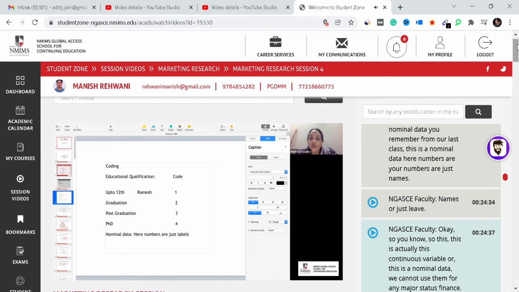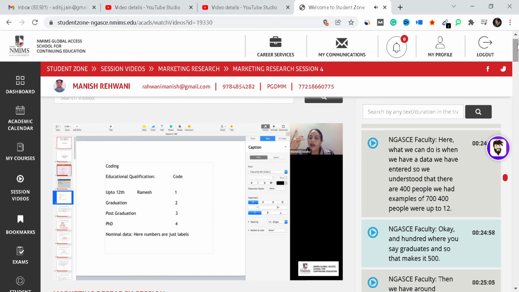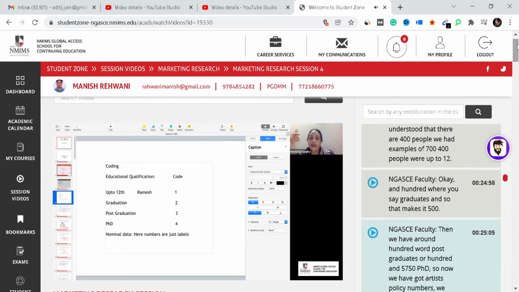So this is a discontinuous variable, or nominal data. We cannot use them for any major statistical analysis. What we can do is, when we have entered the data, we understood that there are 400 people. We had a sample size of 700. 400 people were up to 12th, 100 were graduates, that makes it 500. Then around 150 were postgraduates, and 50 were PhD.